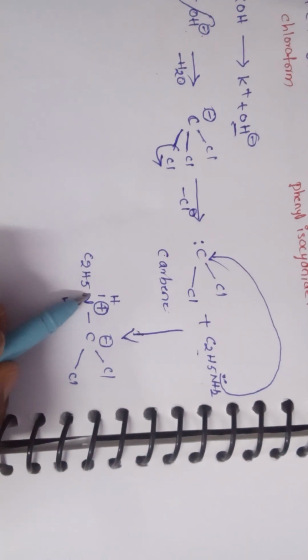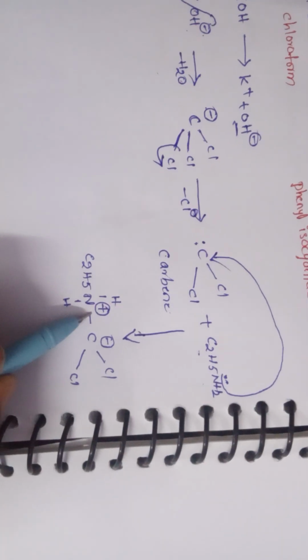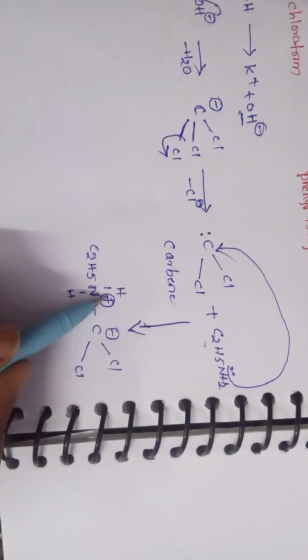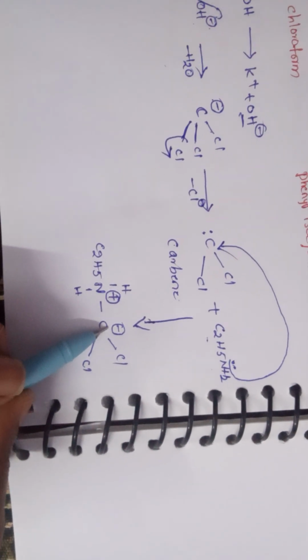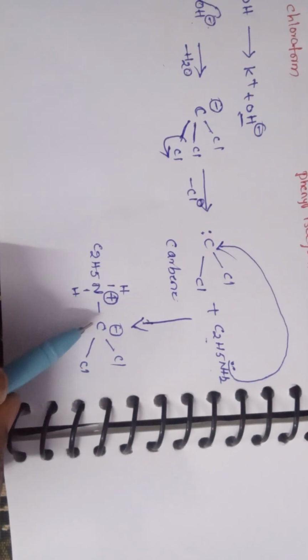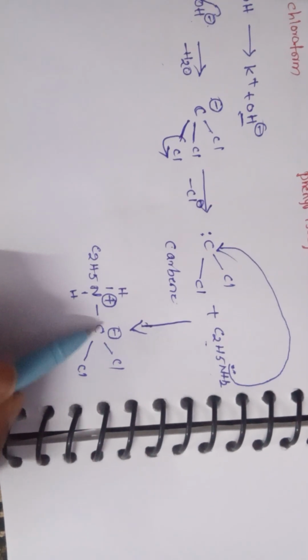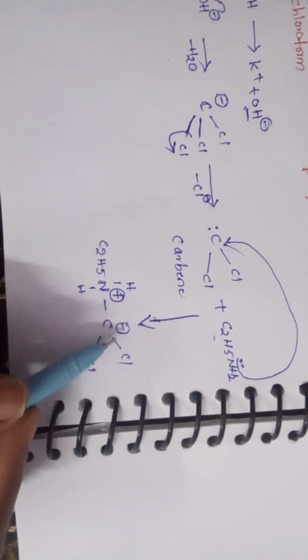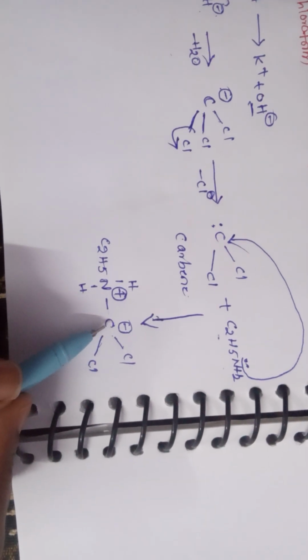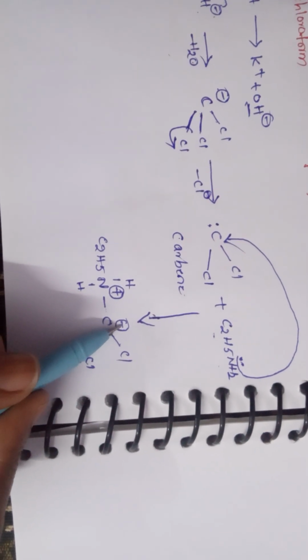Here nitrogen has 1, 2, 3, 4 bonds, that's why nitrogen is positively charged. Coming to the carbon, carbon valency is 4 actually, but here 1, 2, 3, only 3 bonds are there. That gives the carbon a negative charge.